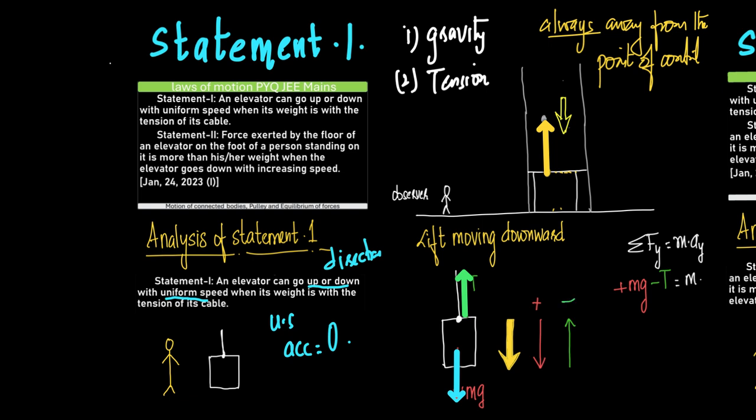Now, by Newton's laws of motion, we have sigma Fy is equal to m into Ay. What is sigma Fy? Sum of forces in the y direction. How many forces are there? Two forces. What are the directions? One is positive mg. The other is tension, which is negative T. So we have plus mg minus T is equal to m into Ay.